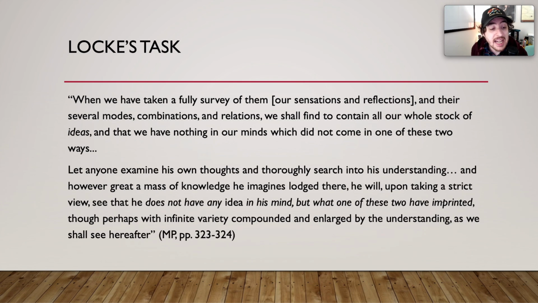He says, let anyone examine his own thoughts and thoroughly search into his understanding, and however great a mass of knowledge he imagines lodged there, he will, upon taking a strict view, see that he does not have any idea in his mind, but what one of these two have imprinted, though perhaps with infinite variety compounded and enlarged by the understanding, as we shall see hereafter.